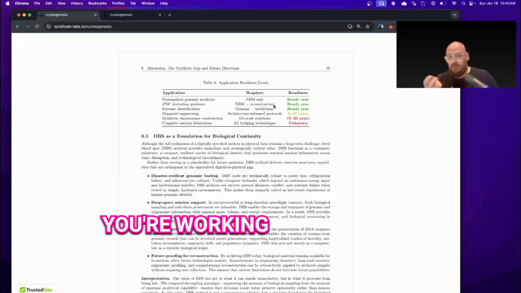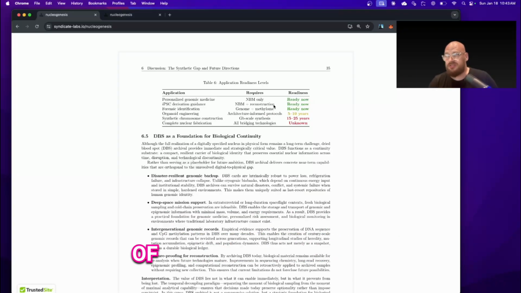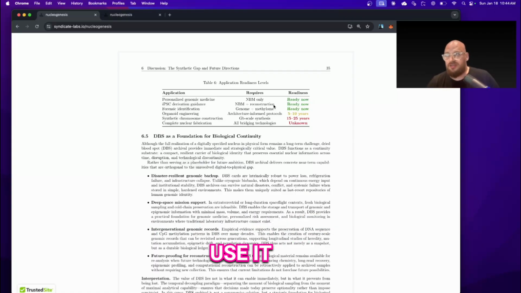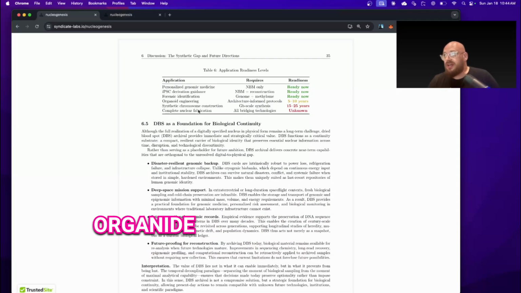Because you're working with nuclear material, of course, if you're trying to induce a stem cell, you could gain some information from that. Forensic identification: that's just taking the information from the nuclear blueprint manifest, the nucleus data, and you could obviously use it in a forensic application.